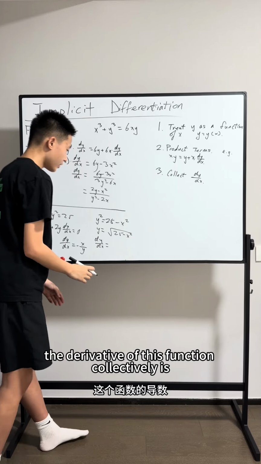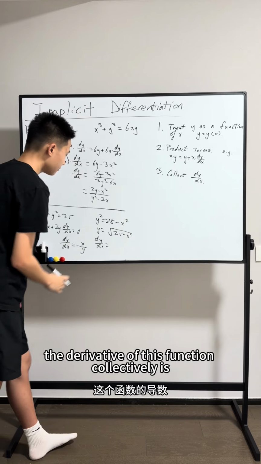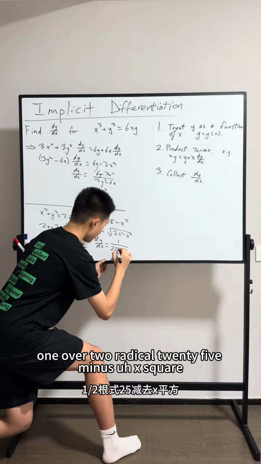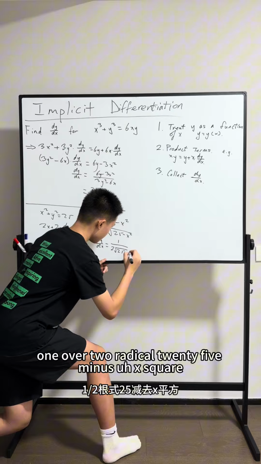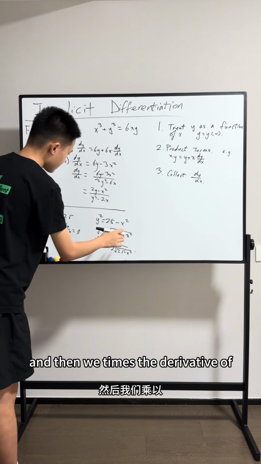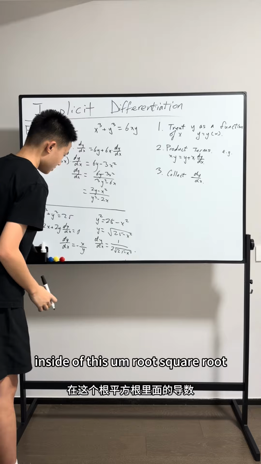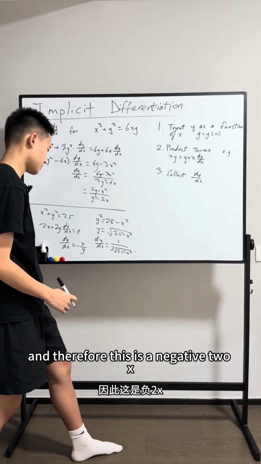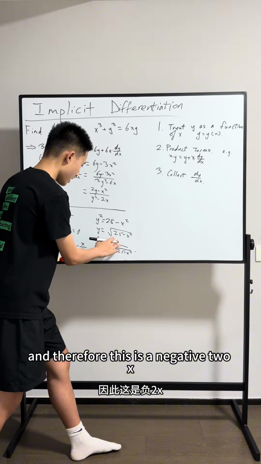The derivative of this function is 1 over 2 times the square root of 25 minus x squared, and then we multiply by the derivative of the inside of this square root, which is negative 2x.